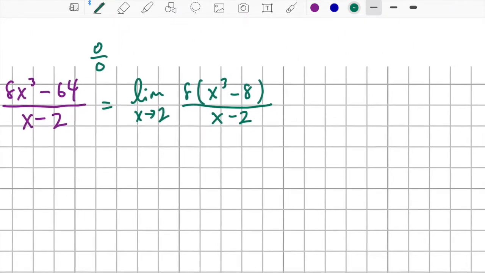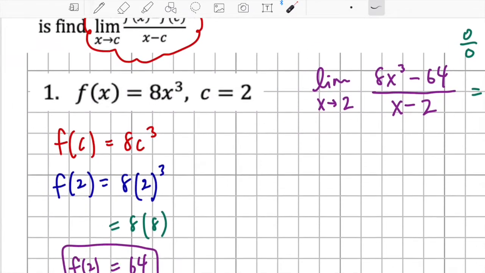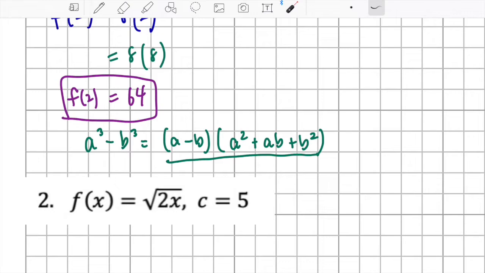So now, 8 is the same thing as 2 cubed. So remember that. So it's x cubed minus 2 cubed. And according to this formula, this is going to be our x, and this is going to be our 2.